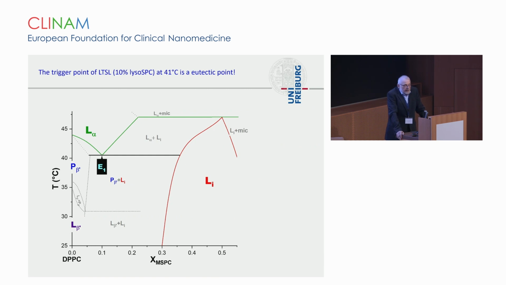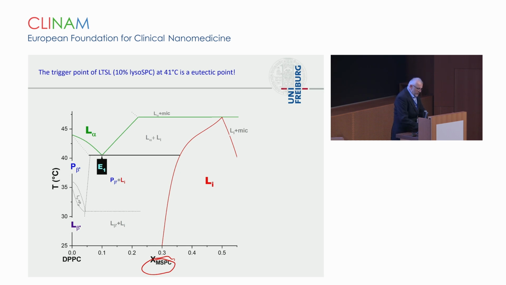This is a eutectic. So obviously we have a eutectic right at the composition that has evolved to be the best composition for the thermoresponsive liposomes, 10%. So this is the lysolipid that stands for monostearyl phosphatidylcholine.